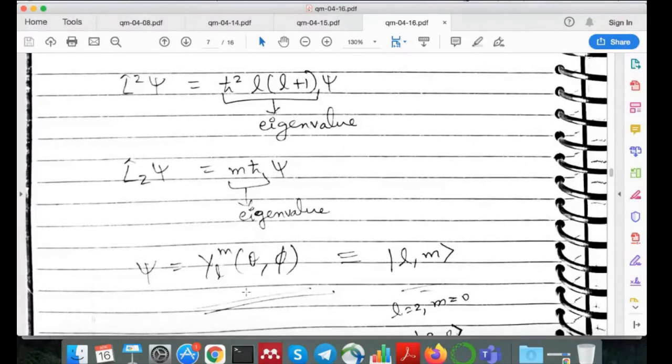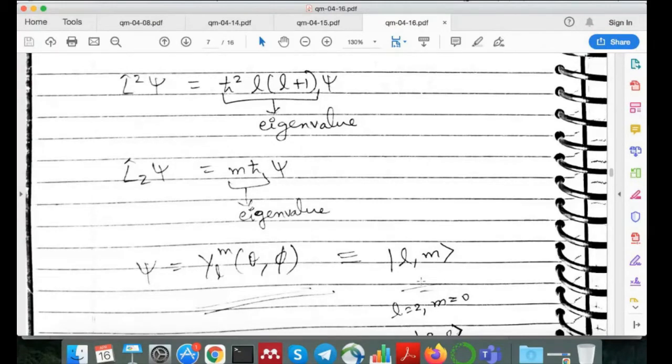And what are the eigenfunctions? The eigenfunctions are essentially spherical harmonics. So this is the same angular part of the hydrogen atom problem. Okay, Y lm theta phi is exactly the same eigenfunction as we got for the angular part of the hydrogen atom problem. So sometimes this Y lm of theta comma phi is also written as L comma m in the ket format.